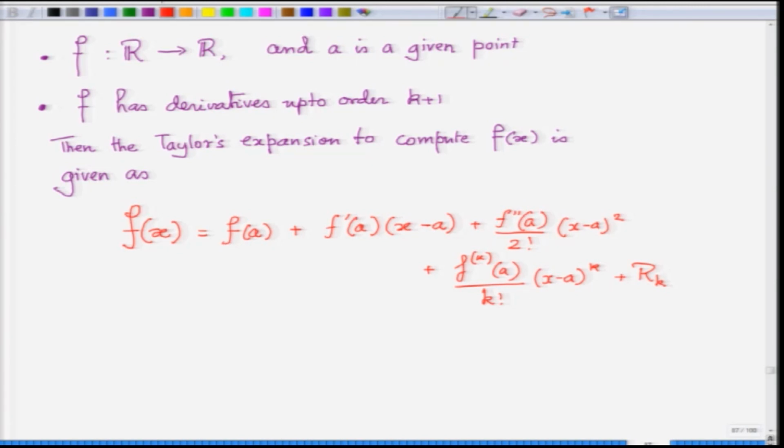There are many ways of writing the error, but one of the standard ways is writing it in the integral form. The error term always includes the k plus 1th derivative. Of course, you can write 1 by k plus 1 factorial and all those sort of stuff, but you can write it in terms of R k, which actually means the error in approximating f of x using k terms only.